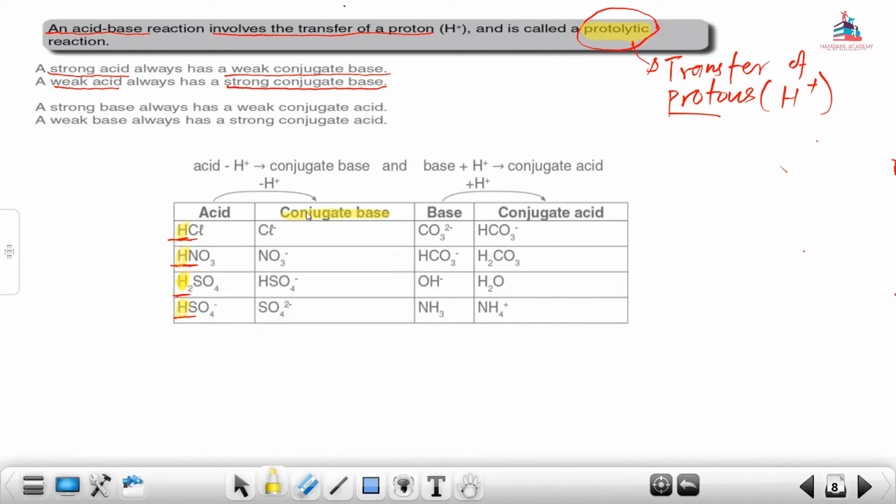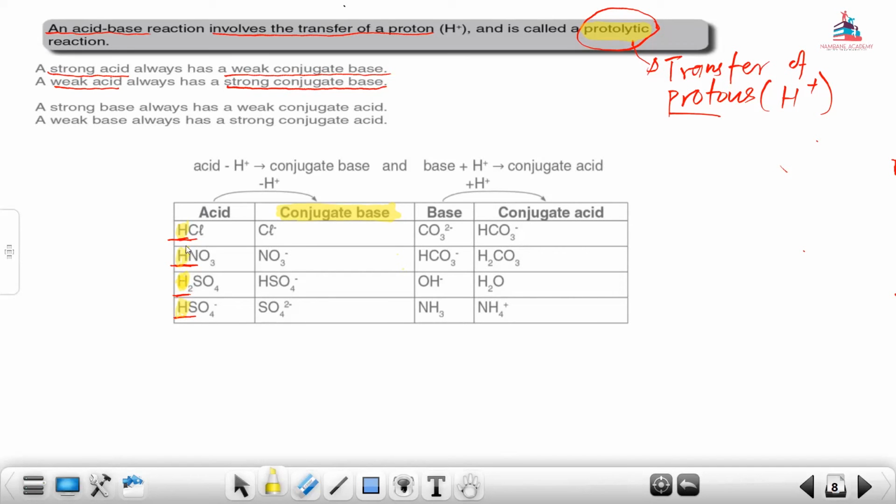So I felt that I need to come up with a better way of making sure that you are in a position of fully understanding what a conjugate base is. So a conjugate base is what is left after an acid has donated a proton.